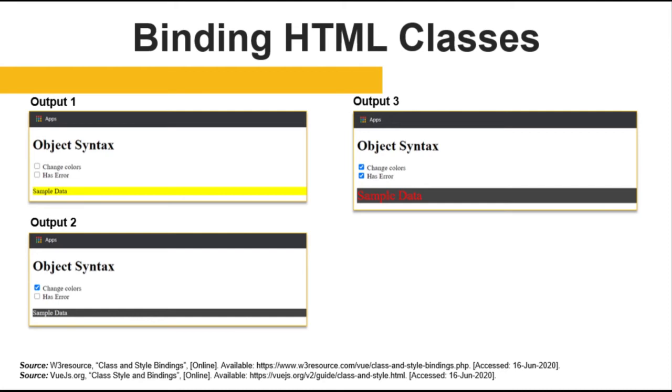Lastly, output 3 shows that when isActive or hasError changes, the class list will be updated accordingly. For example, if hasError becomes true, the class list will become static, active, text-danger.